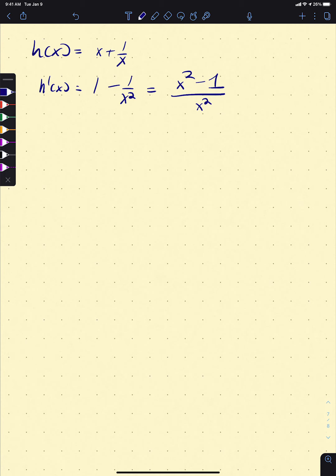And now we're curious about using the last two ideas. Where is h prime discontinuous? And where is it 0? So I guess, interesting points, we'll call them that. In the next part of this lecture, we'll give them their proper name.